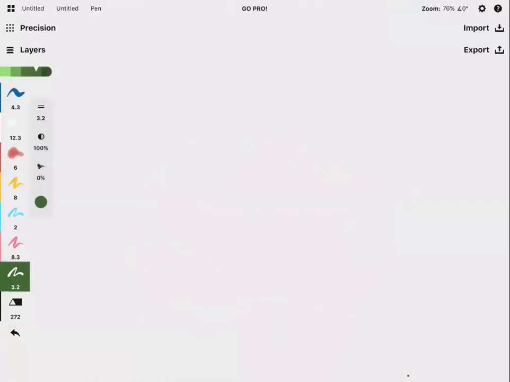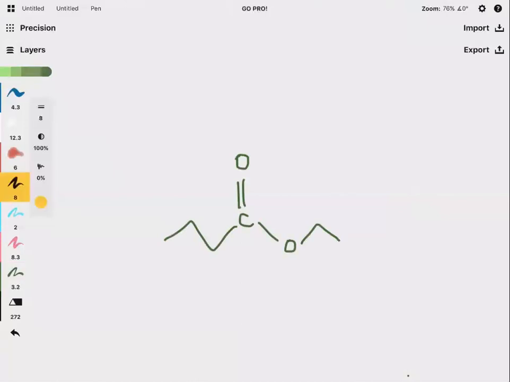Okay, so now let's add a little bit more complication. If I said we had something like this, what would you call that? So hopefully you're able to see that all of this stuff right here, this CH2, CH2, CH3, is nothing but an R group.